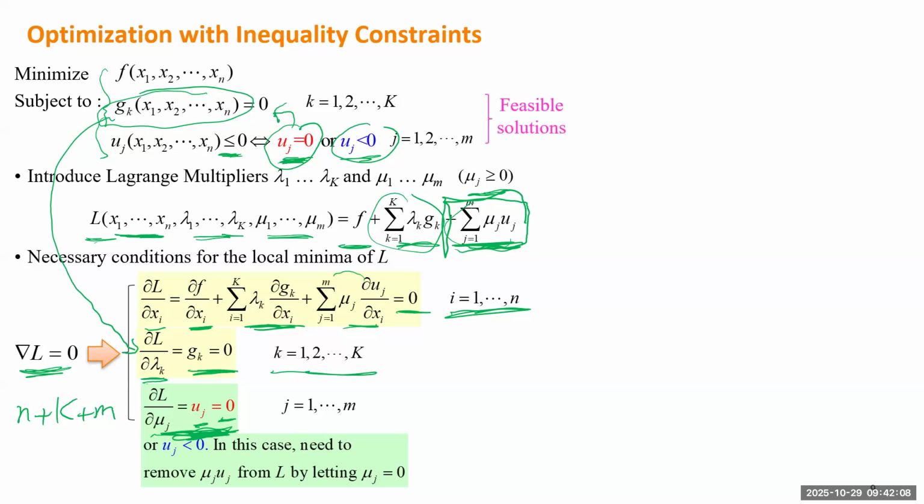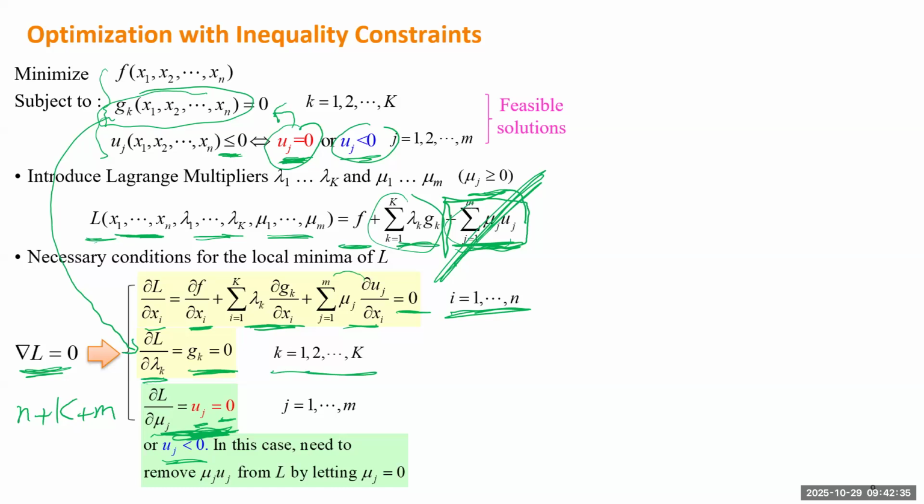Then when U is negative, the gradient vector will not have a zero element in the dimension about mu. But in this case, if U is negative, we don't need to include such U in the L function, because the purpose of the L function is to find stationary points.